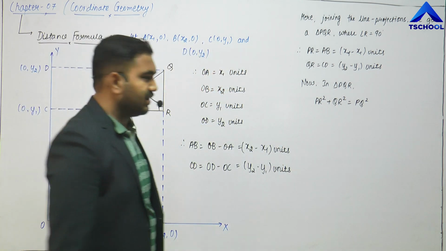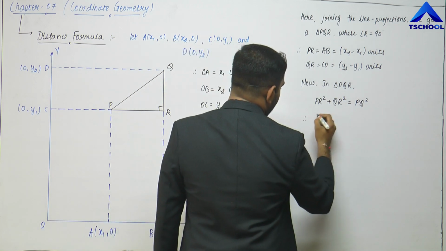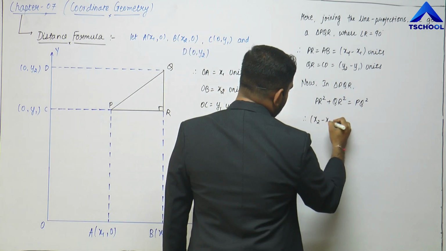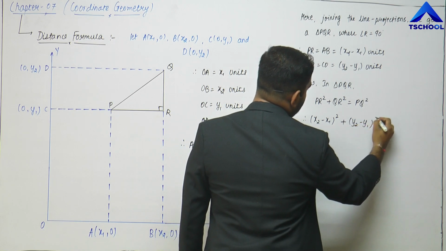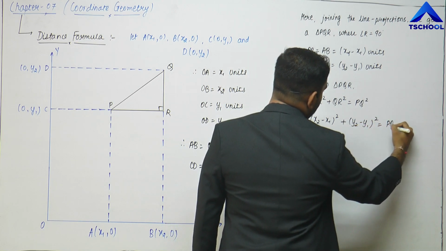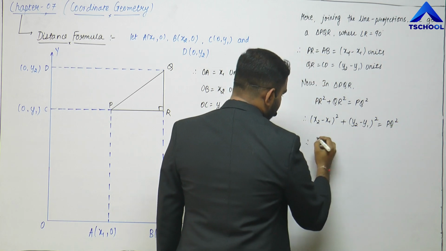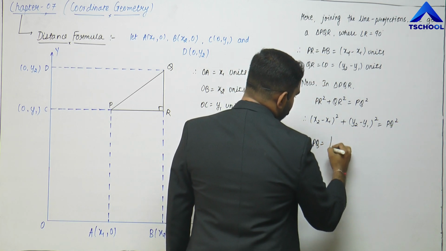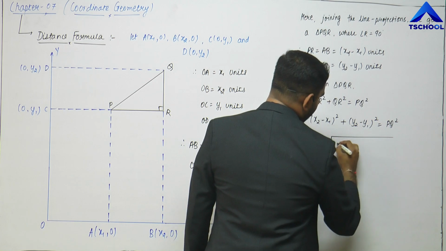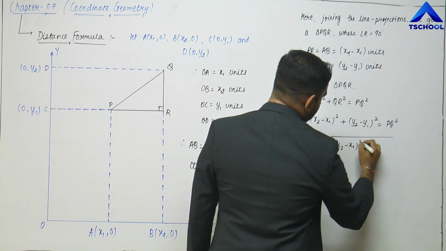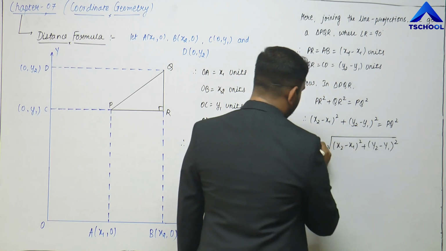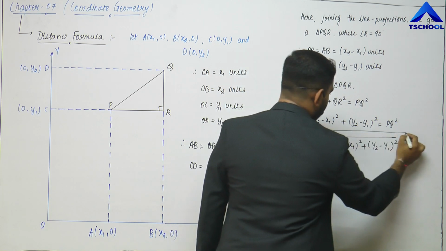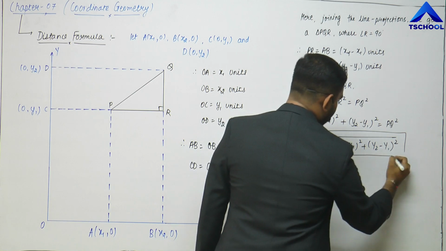Therefore we can say that x2 minus x1 square plus y2 minus y1 square is equal to PQ square, and hence PQ is equal to the square root of x2 minus x1 square plus y2 minus y1 square, which gives me the distance formula.